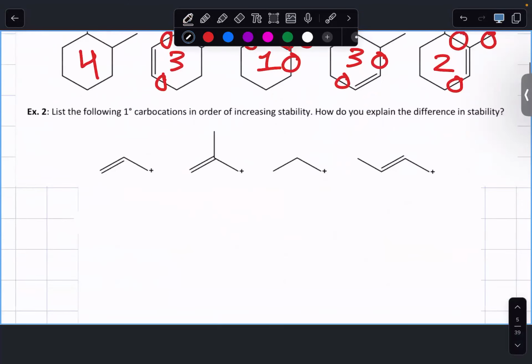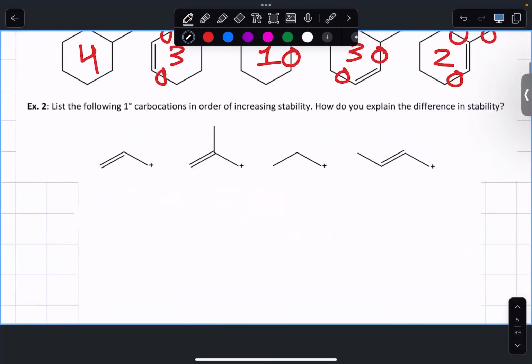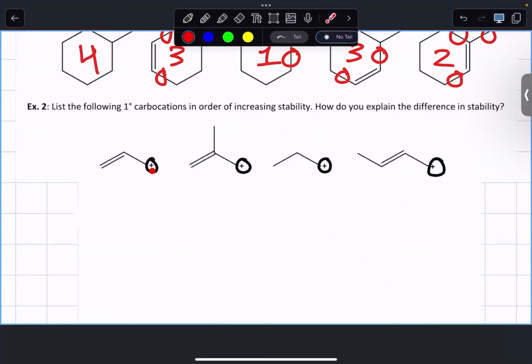Okay, now that's going to go with this right here. Let's say this is a carbocation. We know that this carbocation here is not only primary, but it is at the allylic position of this double bond. This is primary allylic, which can do resonance, where we can move this double bond here and give us this resonance structure.